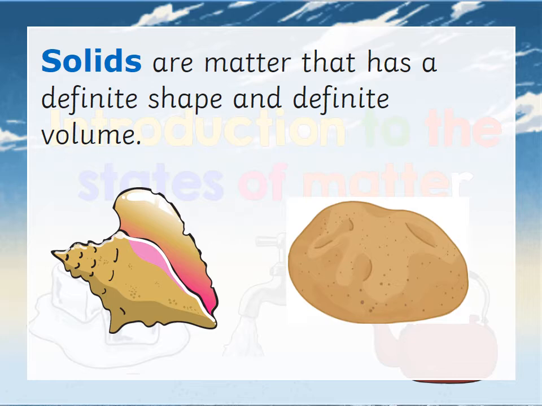Now let us look at the 3 states of matter. First, solids. Solids are matter that has a definite shape and a definite volume. Means that regardless of where you put it, the shape remains the same, the volume remains the same.